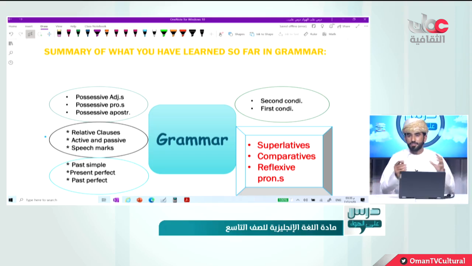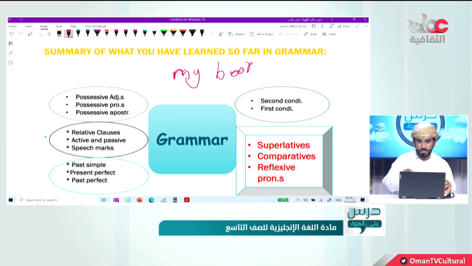Focus on the sentence: this is my book. Have a look at this one. What do we call "book"? Is it a verb or a noun? Yes, exactly. This one is a noun.